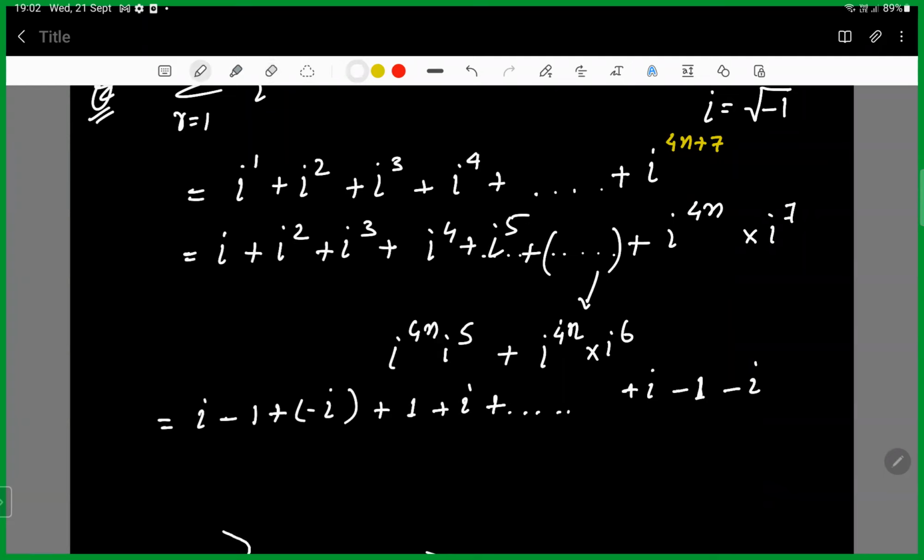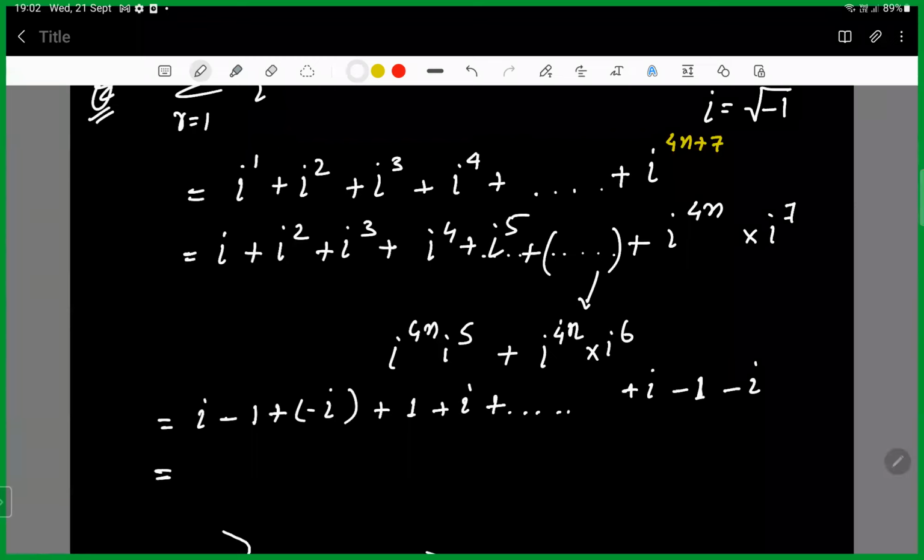So this will be how much? Sorry. Now you just start cancelling out terms. See, this iota will be cancelled with negative iota. -1, this is again -1, right? So minus iota and iota again will get cancelled out, right? 1, and what is this term? 1, right?